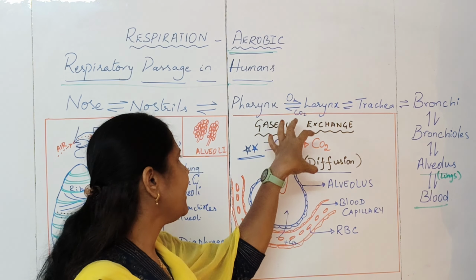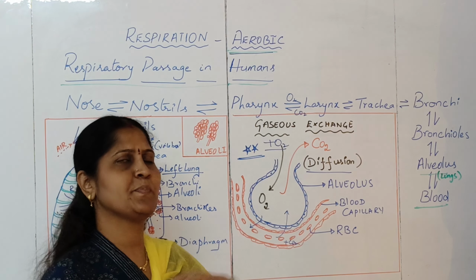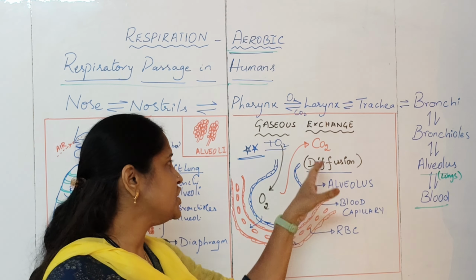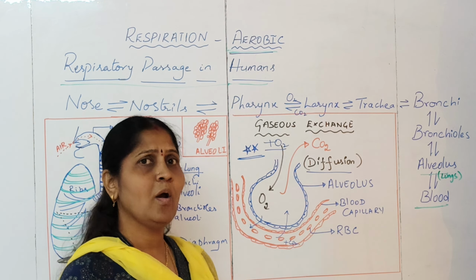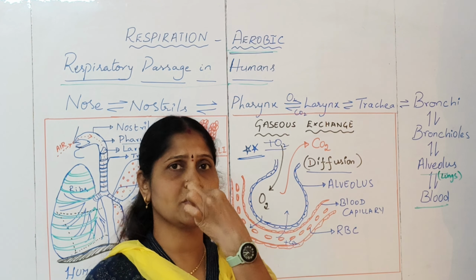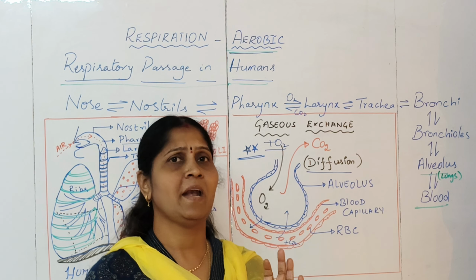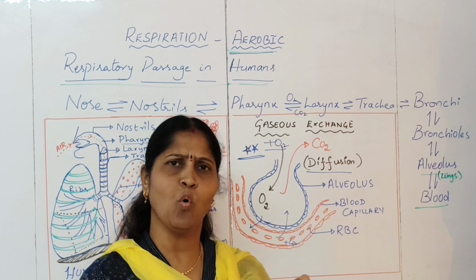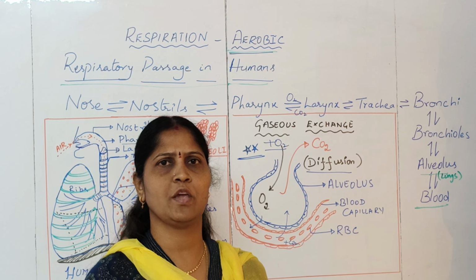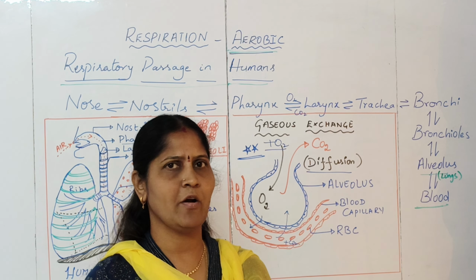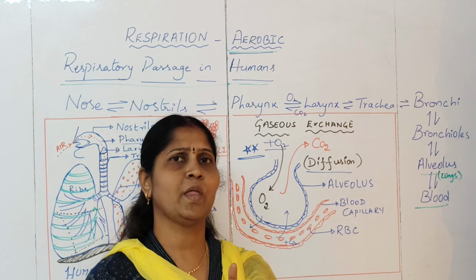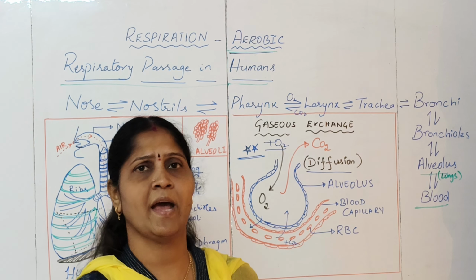So, when that air passes through all this respiratory passage and reaches the alveolus, how is only oxygen selectively entering your system, and why do we define respiration as only the intake of oxygen molecules and giving out of carbon dioxide molecules, when we know that air is a mixture of gases?